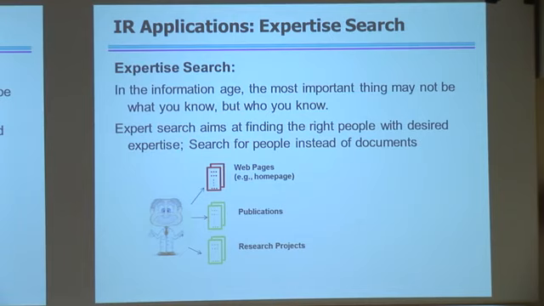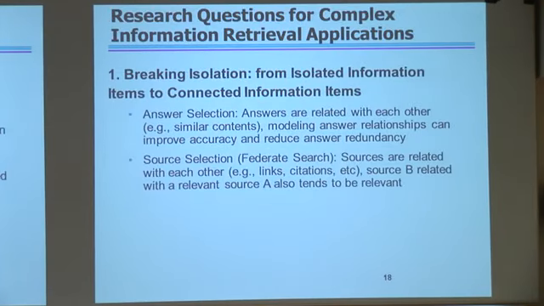So we need to figure out the expertise information from the heterogeneous sources and to test out whether the information satisfies the user query or not. So in this case, we have to face a problem: how to integrate information from heterogeneous information sources. And I'm going to talk about that.